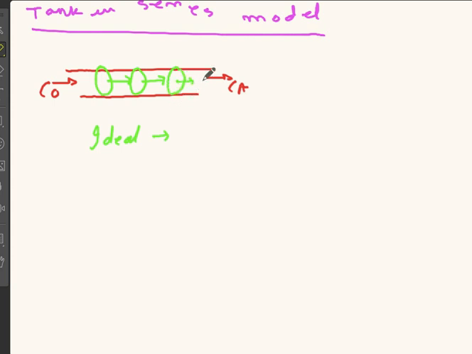Okay, this is the ideal case. But now let us understand what would really happen in a real case for a PFR that does not behave ideally but behaves in a real way.